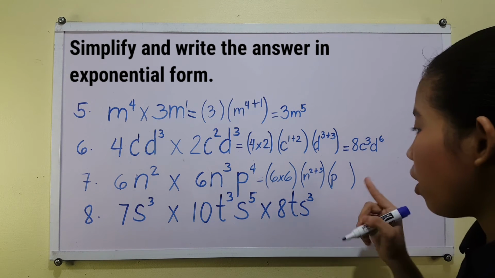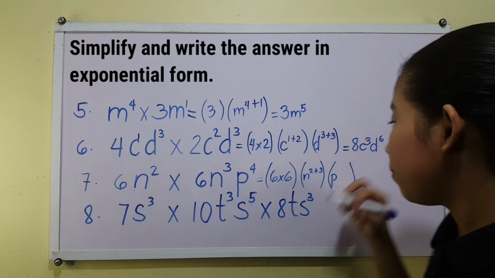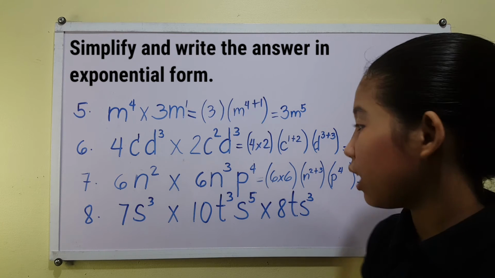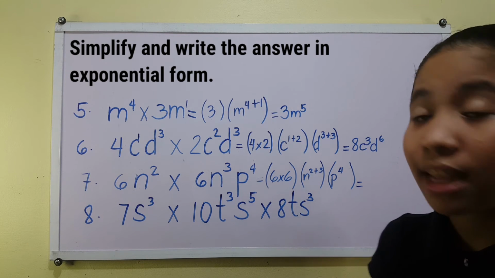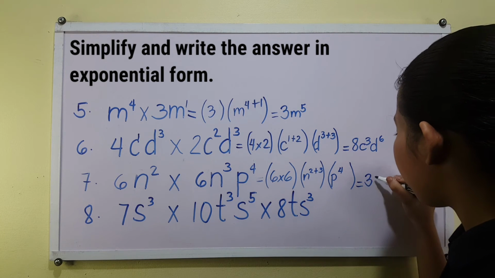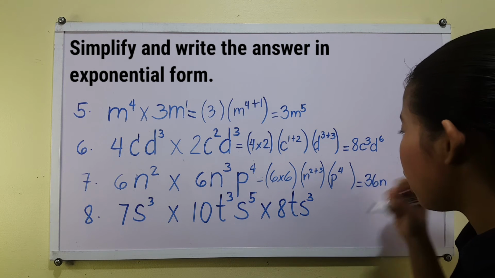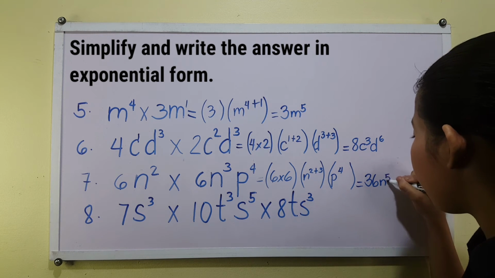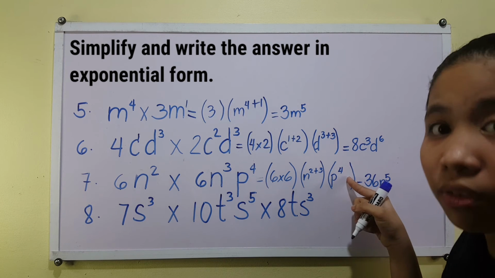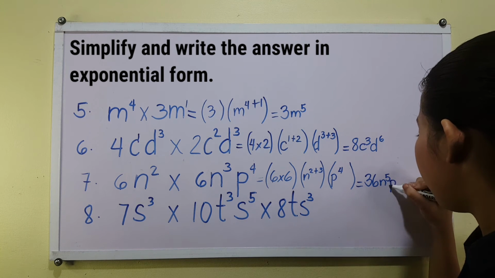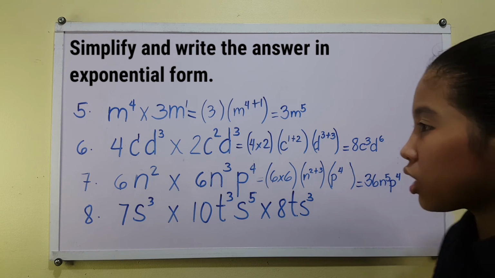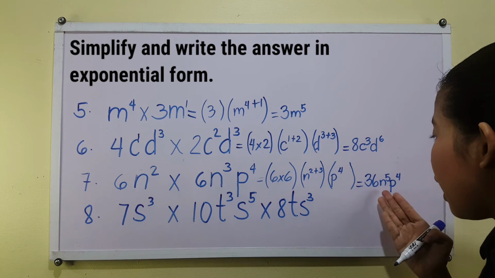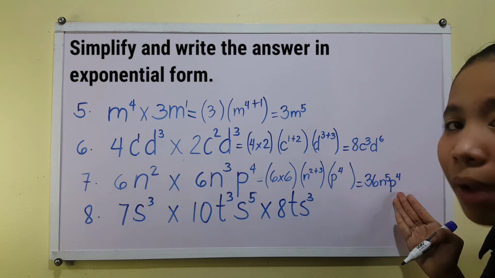And the exponent for our base p is 4. Now let us simplify. We now have 6 times 6 is 36. And n, 2 plus 3 is 5. So n to the power of 5. And p to the power of 4. So our answer for example number 7 is 36 and n to the power of 5 and p to the power of 4.